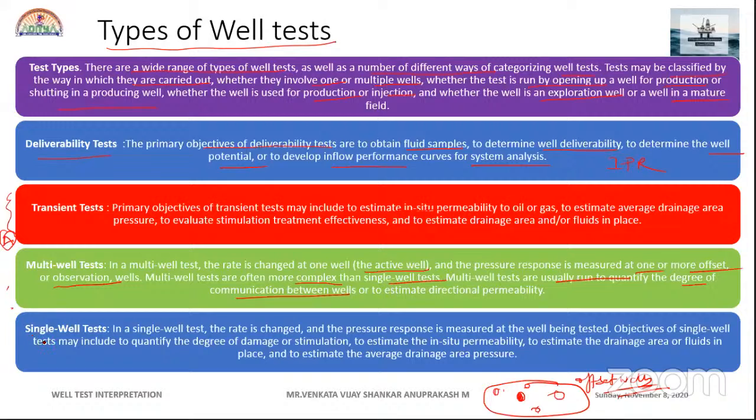As I told you about a single well test, in a single well the rate is changed and the pressure response is measured at the well being tested. In all these cases, we are taking only pressure and flow rate as a function of time.